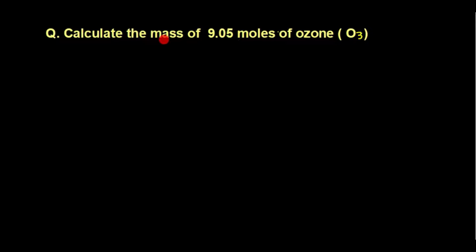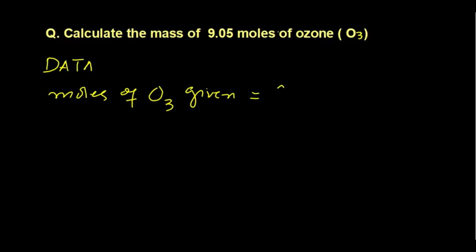First of all, we will write the data for this question and then we will use the formula to solve the question. Moles of ozone which are given: ozone is the allotropic form of oxygen. So moles of ozone given is equal to 9.05 moles.